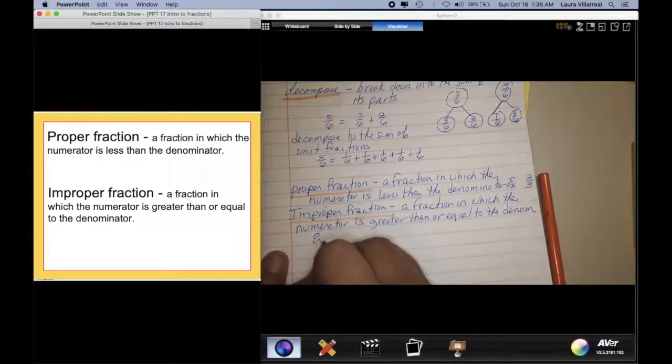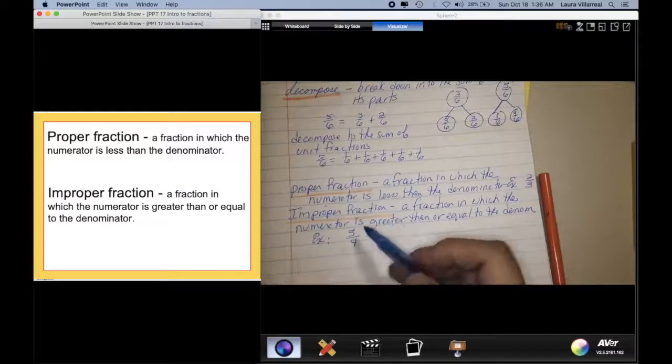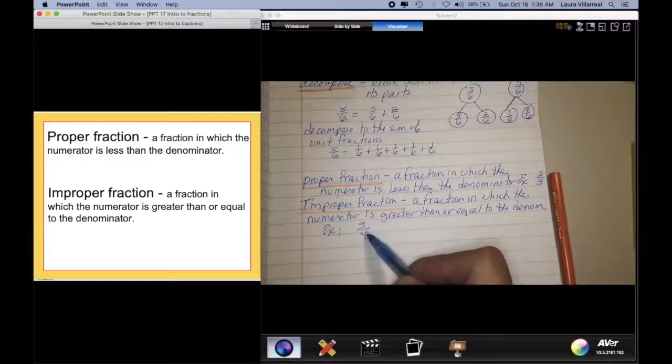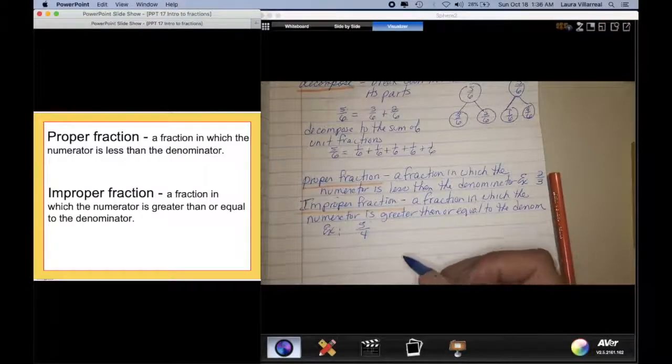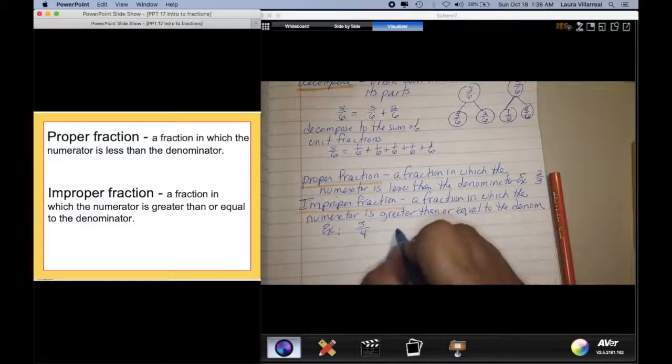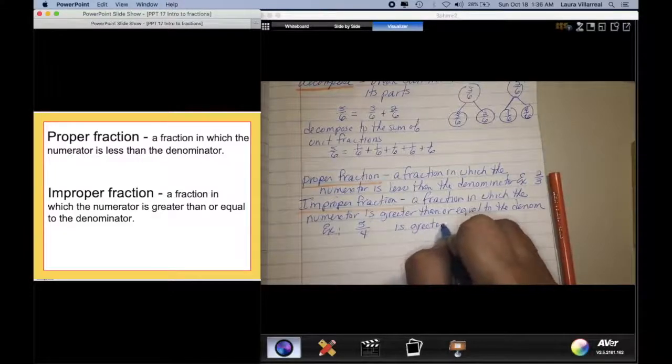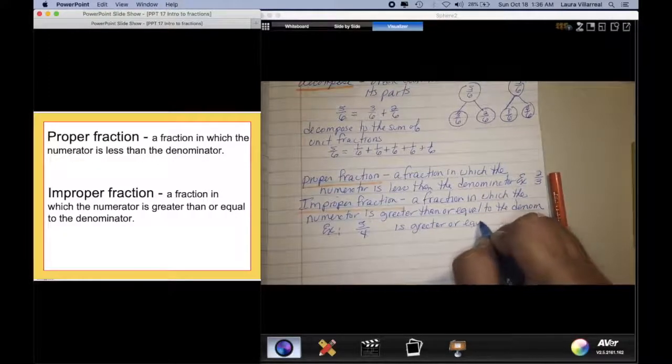An example of an improper fraction would be 5/4. The numerator is larger than the denominator. An improper fraction is greater than or equal to 1.